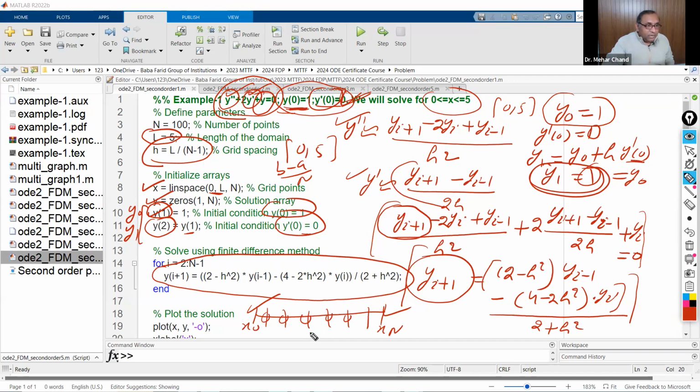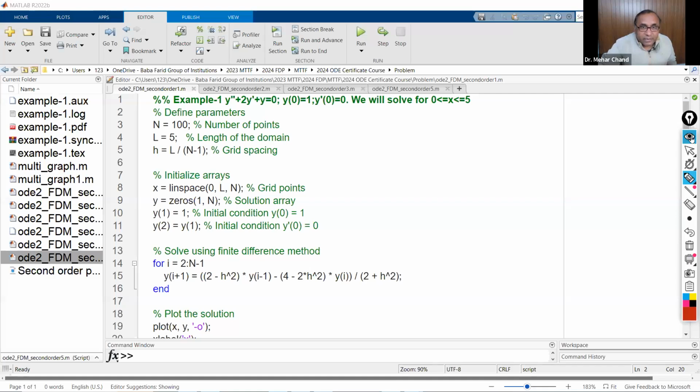So in the loop we apply i equal to 2 to n minus 1. When you put all these values in this place, you have all the values of y corresponding to x, and this will store all the values in the y vector and in the x vector.